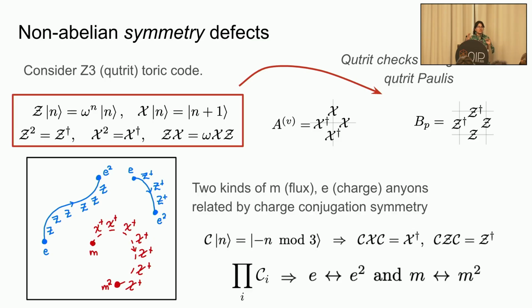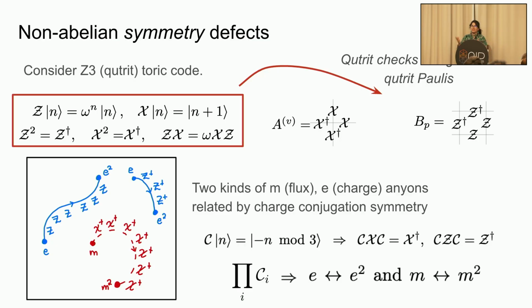So this is a generalization of the toric code to qutrits, where I replace my Paulis with these clock and shift operators with the algebra that I've boxed here. And the stabilizers look very much the same, but I have to add some daggers to make sure everything commutes now. And the key difference with the Z2 toric code is now I have 2 kinds of M, or flux anyons, and 2 kinds of charge anyons.